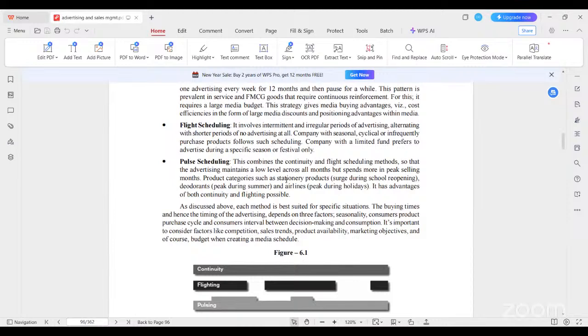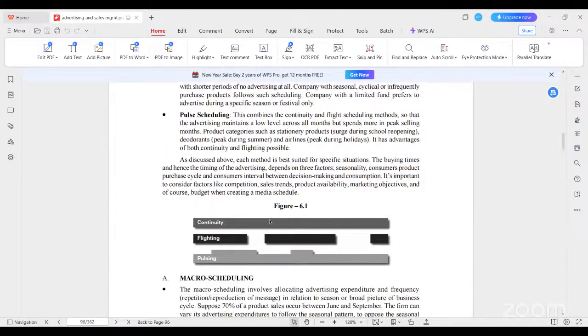When there is a peak season, they will understand the pulse of the customers and publish their ads on the various media channels. That is called pulse scheduling.